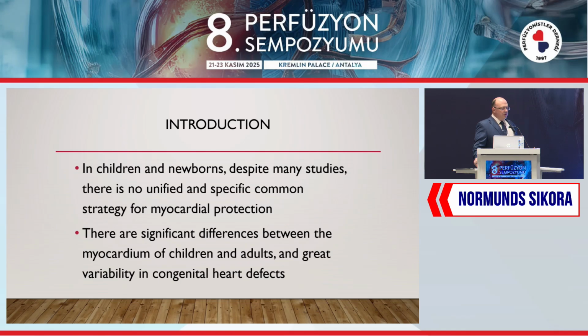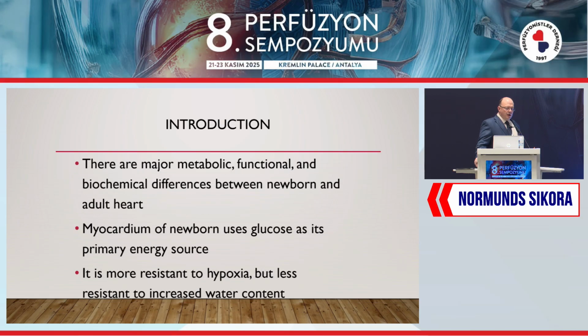Because we have a lot of differences between the myocardium of a child and an adult, and a child would also have great variability of congenital heart defects. And if we talk about newborn and adult hearts, we have a lot of different metabolic, functional, and biochemical differences.